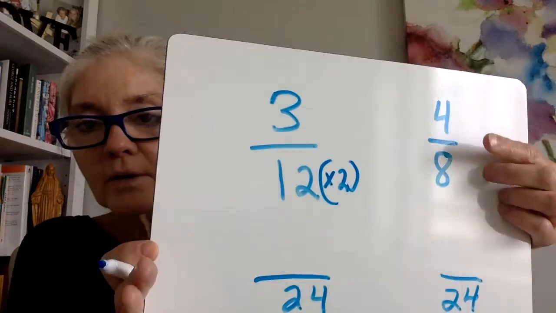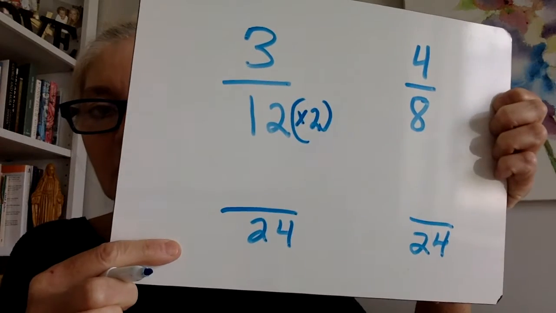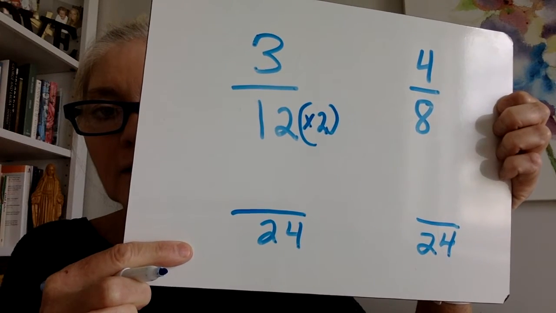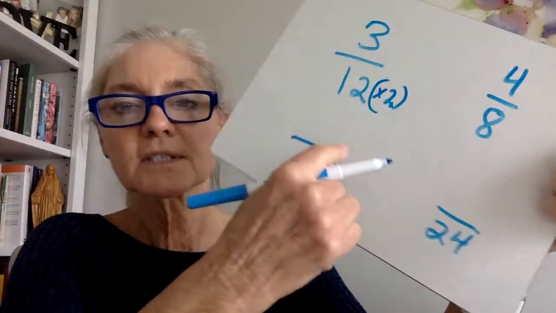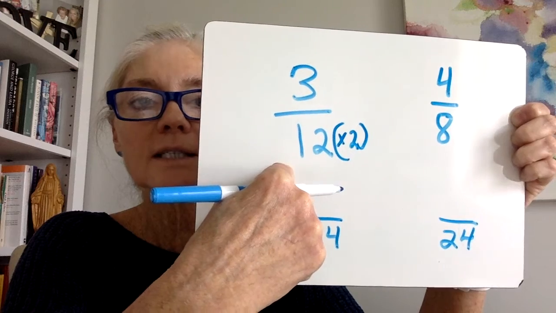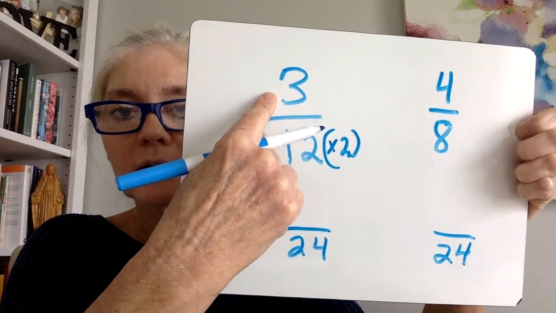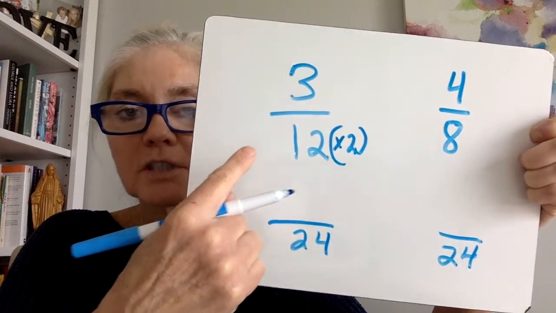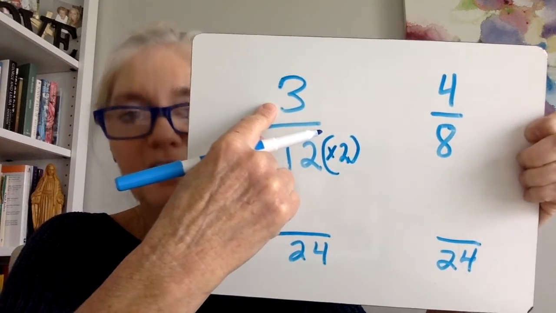So in timesing 12 times 2, I came up with a new denominator of 24. If you times the denominator by 2, you have to do the exact same thing to the numerator. Whatever you do to the denominator, you have to do to the numerator. It's just fair.